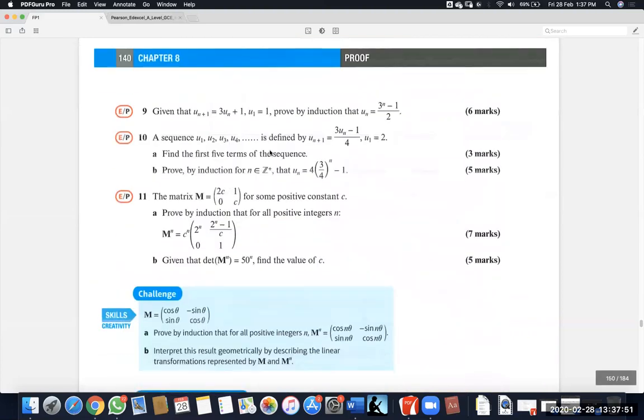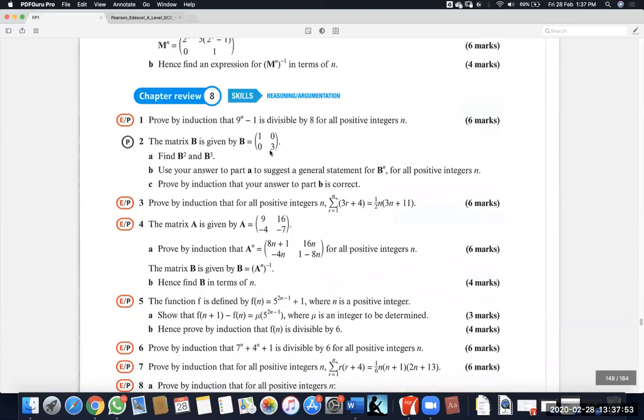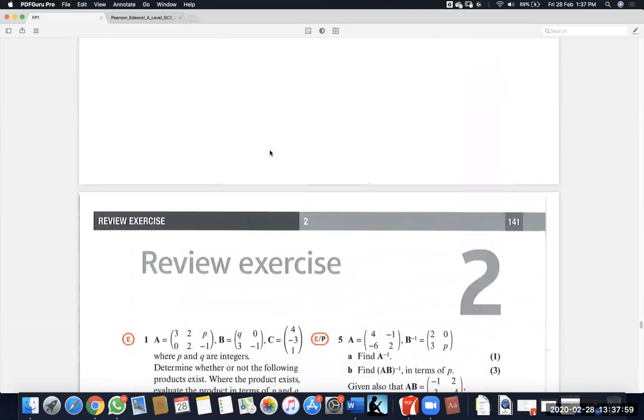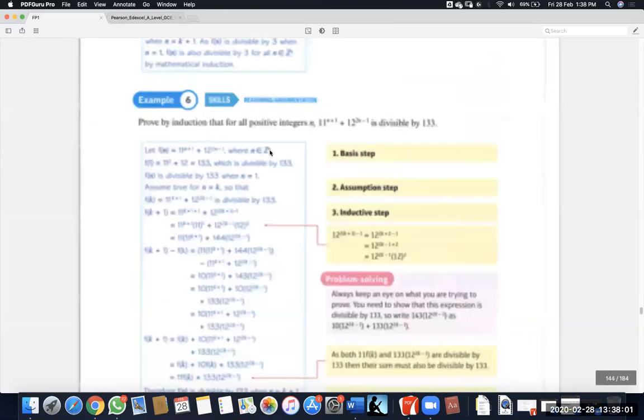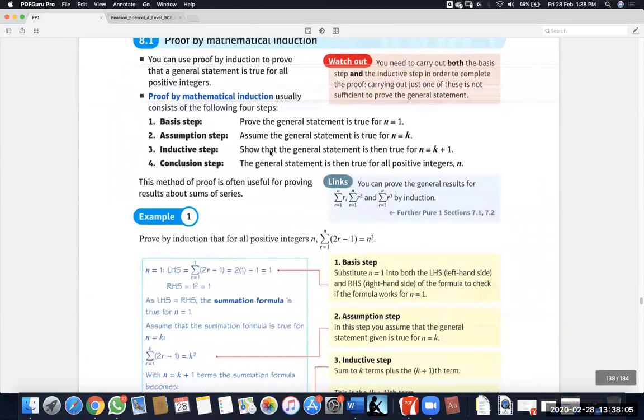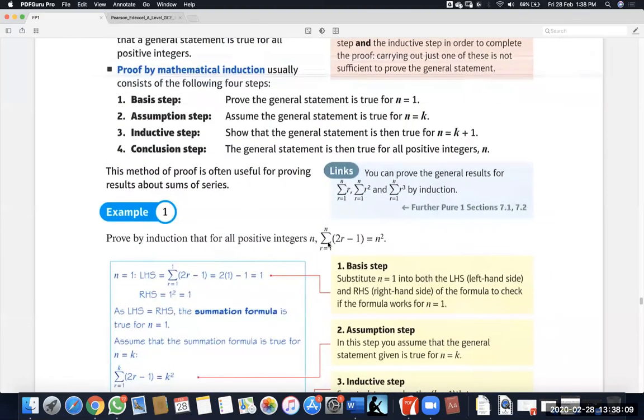It divides this chapter into 4 sessions, and each session has one kind of mathematical induction question. The first one, maybe the easiest one, is giving you some formula, and then you prove it by induction.